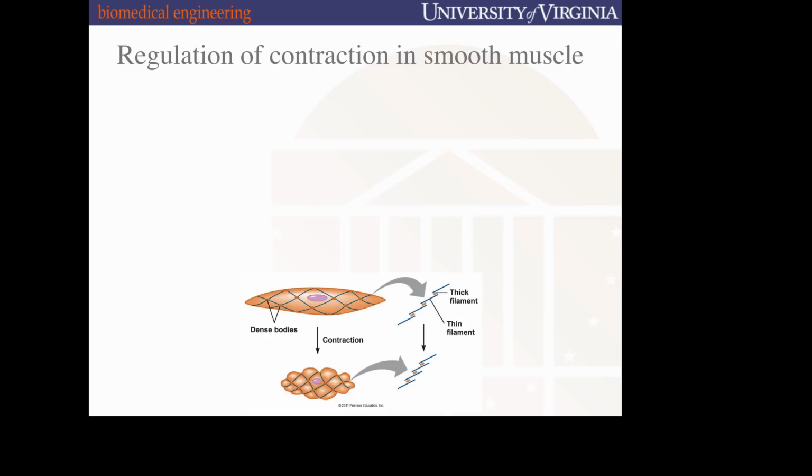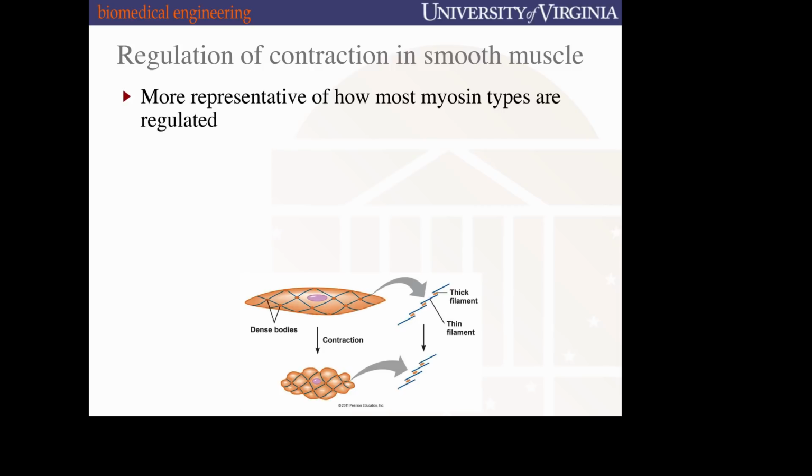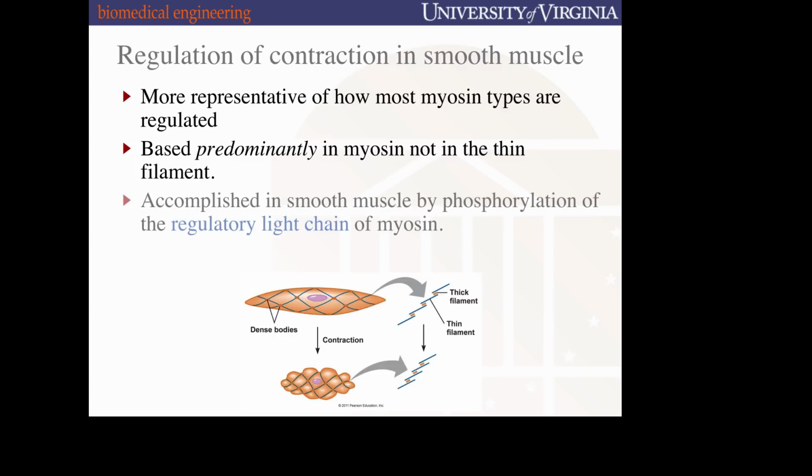And this type of regulation is going to also occur in non-professional contractile cells, such as fibroblasts, myofibroblasts, these types of things. This is more representative of how most of the myosin types are actually regulated. And it's based predominantly on myosin, not in the thin filament. Okay, so we're going to regulate the availability of those myosin head domains in order to bind actin, as opposed to inhibiting the myosin binding sites on actin.